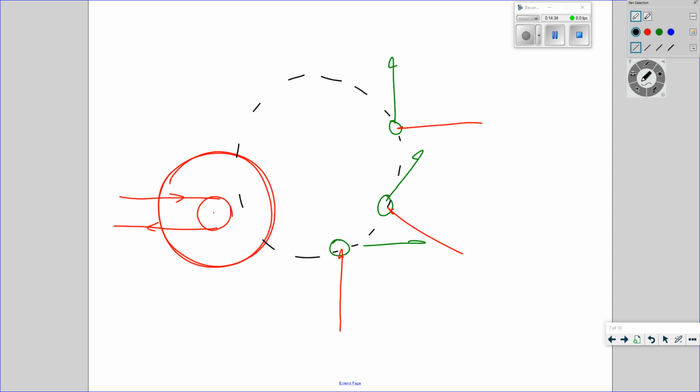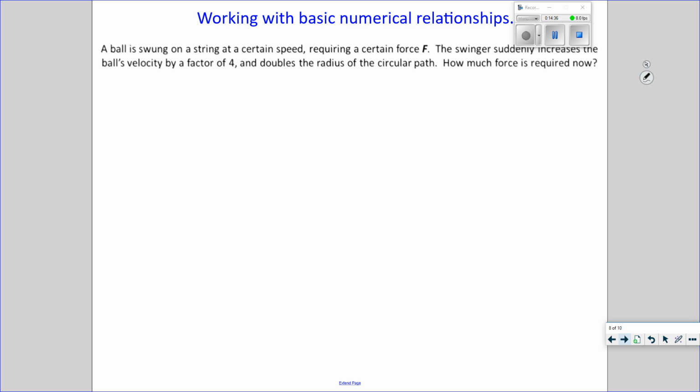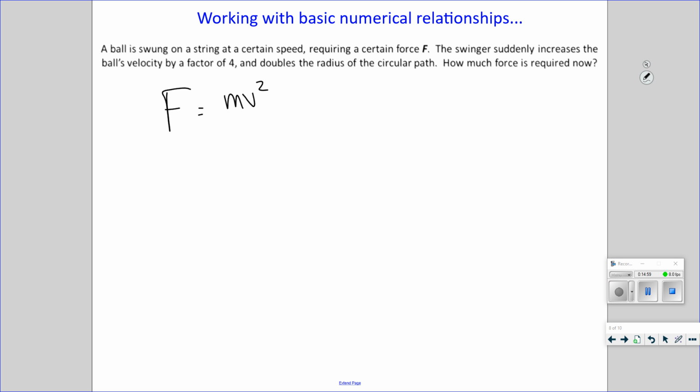Fair enough. Okay, here's a couple of solved examples. This one just deals with algebraic relationships. It says you got a ball on the end of a string swung at a certain speed, and that requires a certain force F. All we can say about F is that it's equal to m v squared over r.